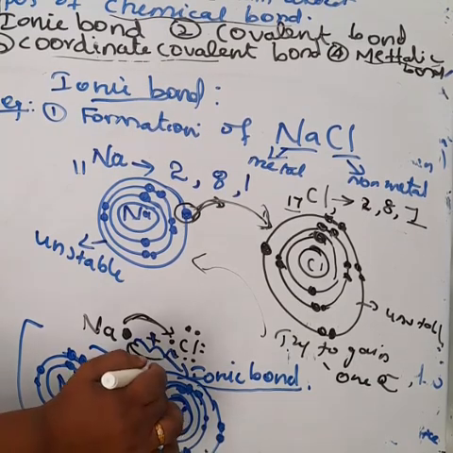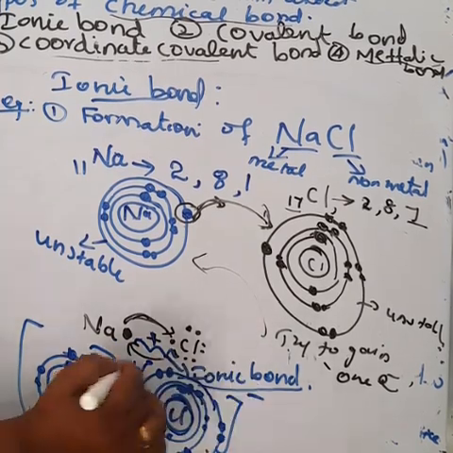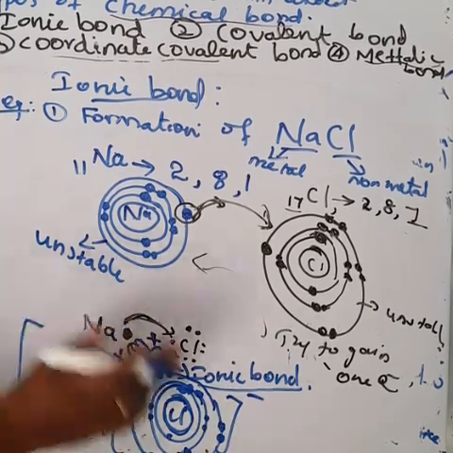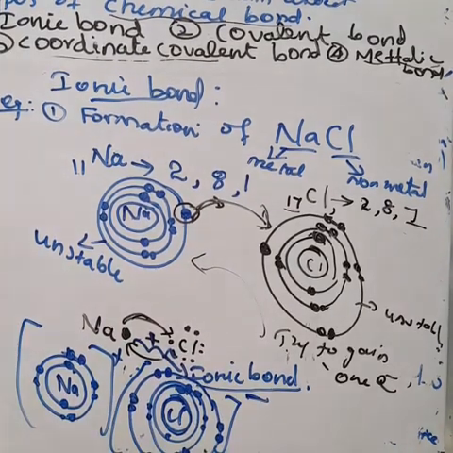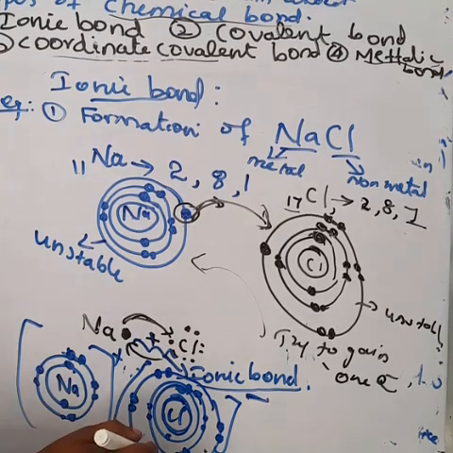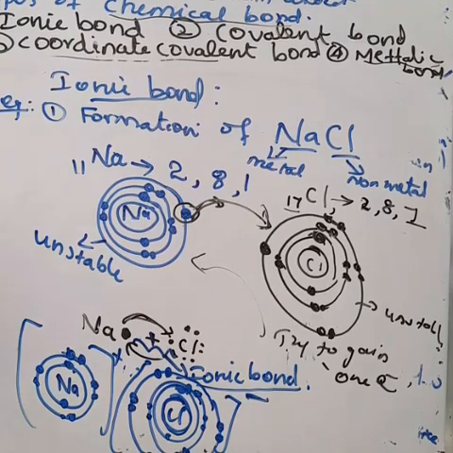It becomes a sodium ion, as it lost 1 electron, and chlorine gets 1 electron and becomes a chloride ion. Understood? The bond formed between these two atoms is known as an ionic bond. Understood?